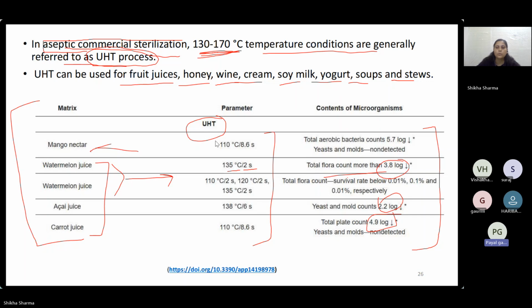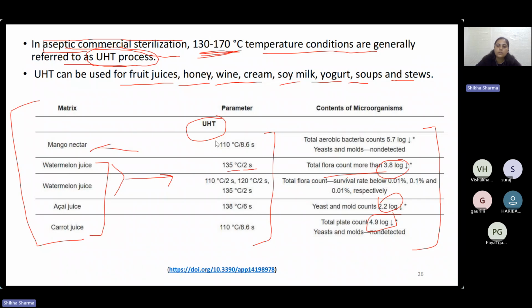No, not at all. Because we are just giving high pressure, a certain amount, maybe 6,000 megapascal, and it will just kill the microorganisms, with very minimal damage to the food product.